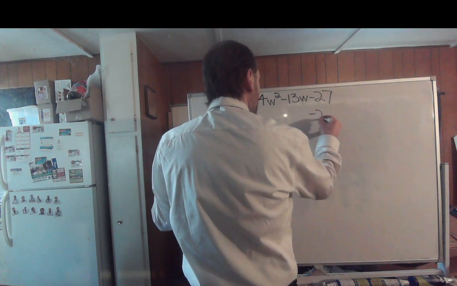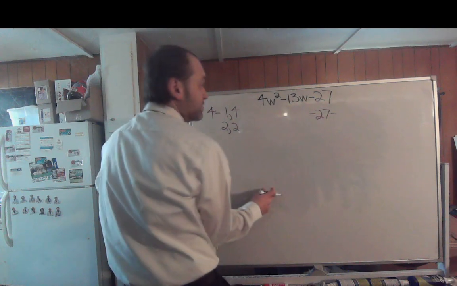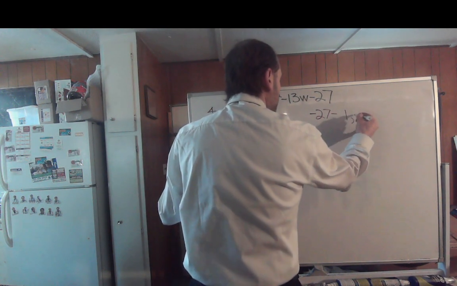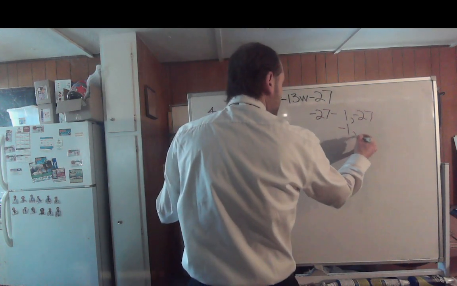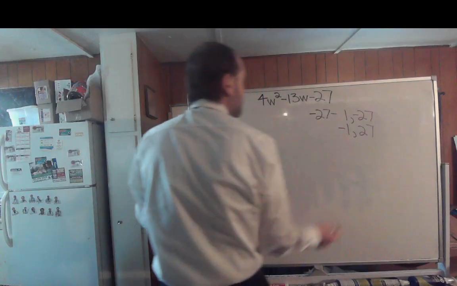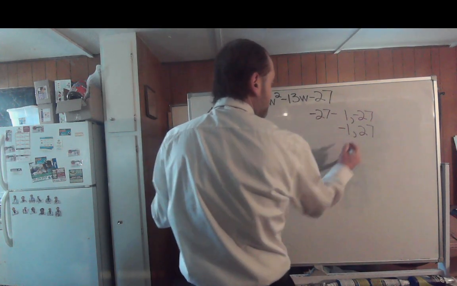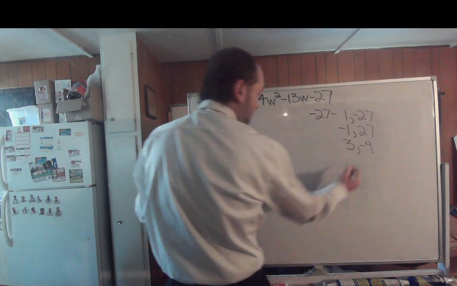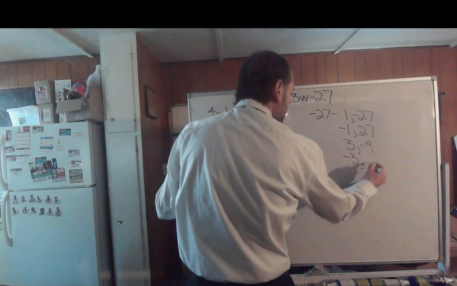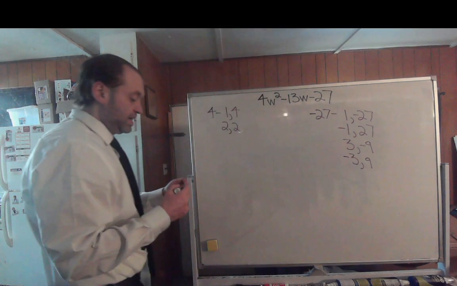So negative 27, you have, of course, positive 1 and negative 27. Then you have negative 1 and positive 27. Then you have positive 3 and negative 9. Then you have negative 3 and positive 9. That's about all you have for negative 27.